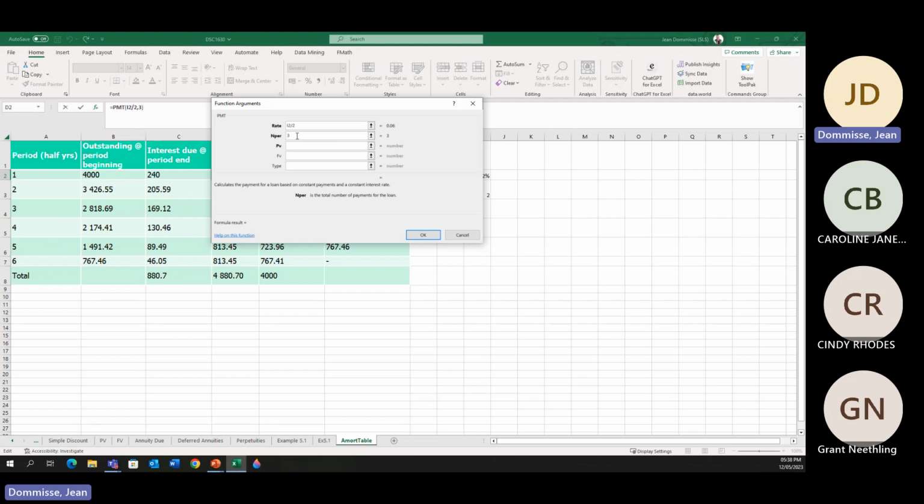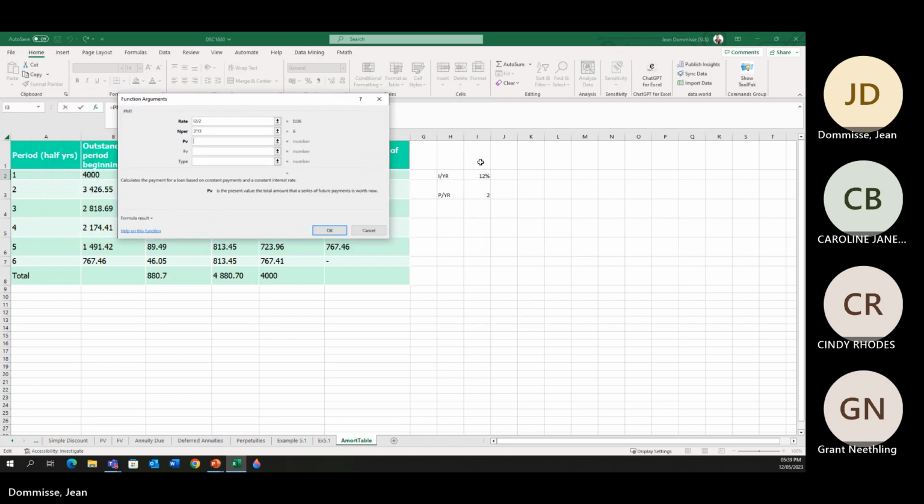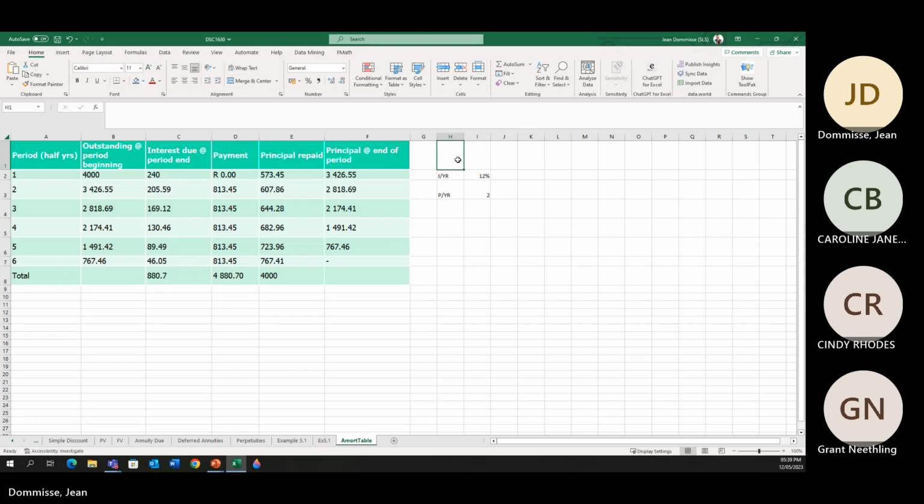We need to times that by the 2, so that we can change it whenever we need to. Your present value, I'm going to add into that block, which would be the 4,000. So let's just do that.